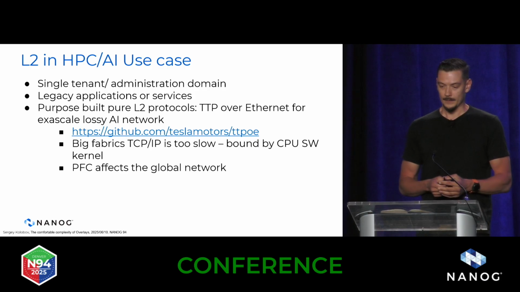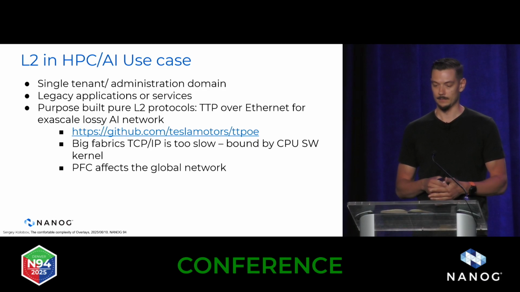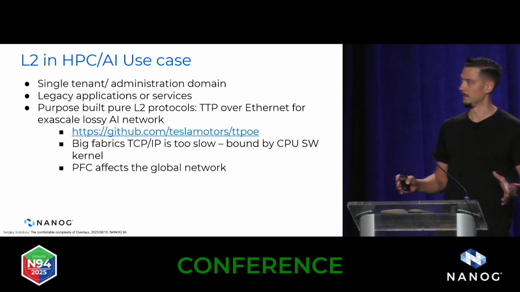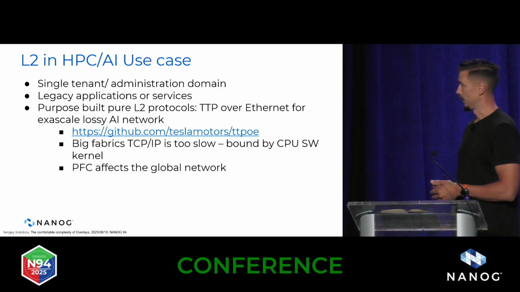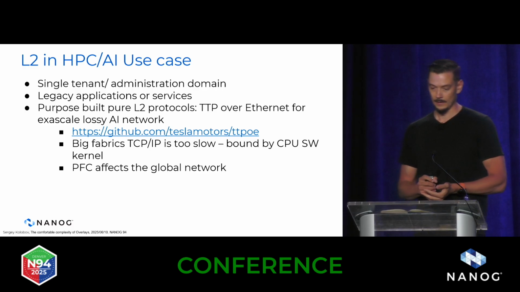In the HPC, AI, and machine learning use cases, based on my personal experience, the absolute majority of all deployments are built on L3 natively. However, there is still a legitimate L2 use case there as well.